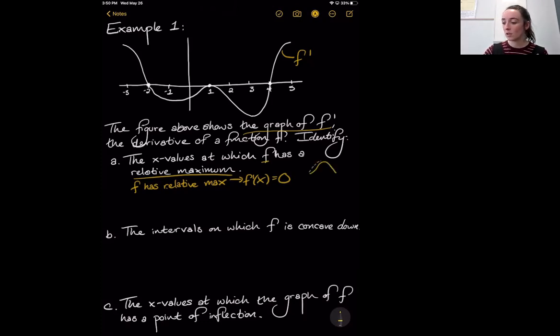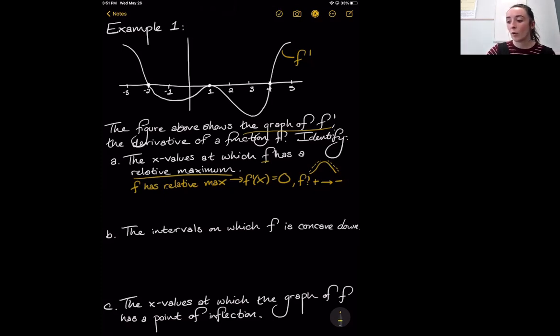It would go increasing to decreasing, which means that its derivative would change from positive to negative. That's just a little shorthand for that. So I know I want to find a spot where the derivative is 0 and it changes from positive to negative. So let's look at our graph.